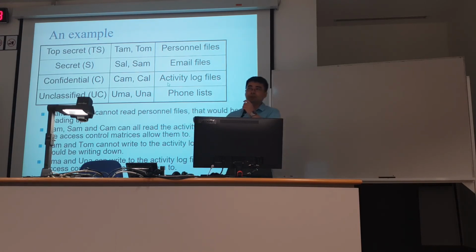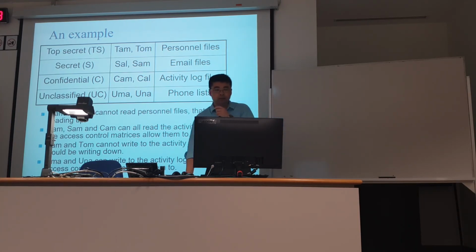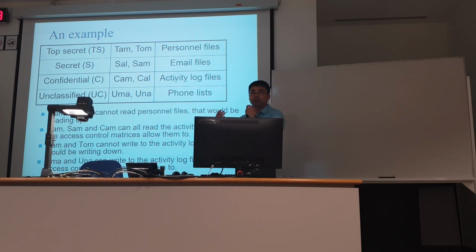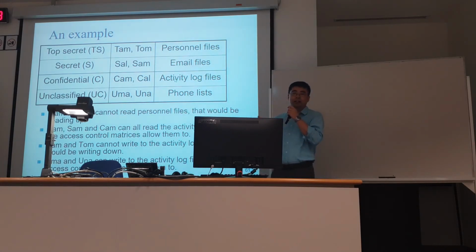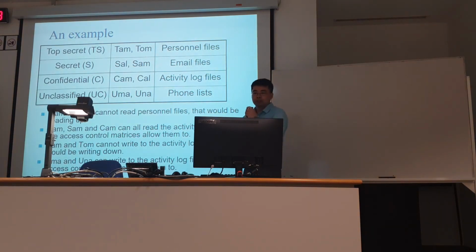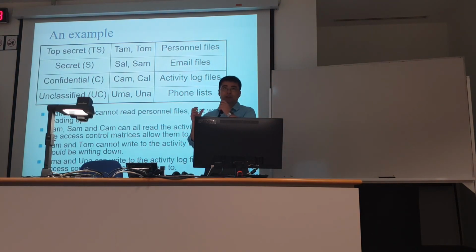In this case, the information from high level can flow to low level. So this should be prevented, and we don't allow CAM or TOM to write to a lower level, right? As I said, these two rules are associated with the security goal of confidentiality. We don't want sensitive information to be disclosed to unauthorized users. So no read up, no write down, these two rules are associated with confidentiality. For integrity, later we'll see the rules can be totally different.